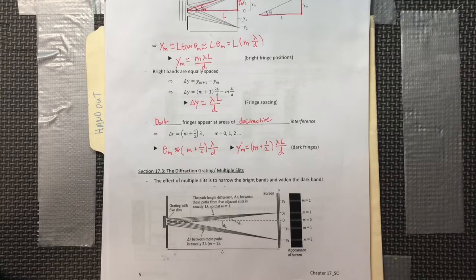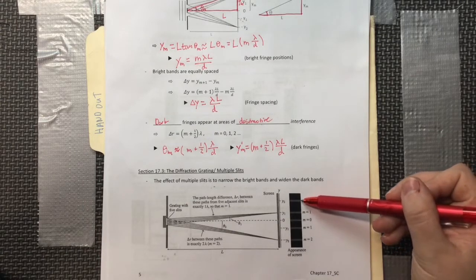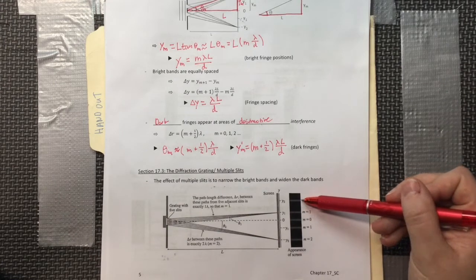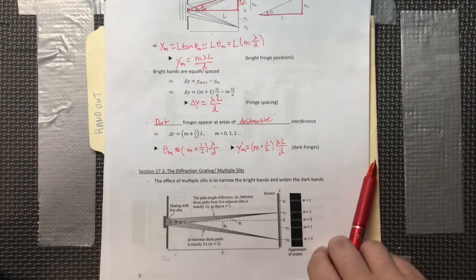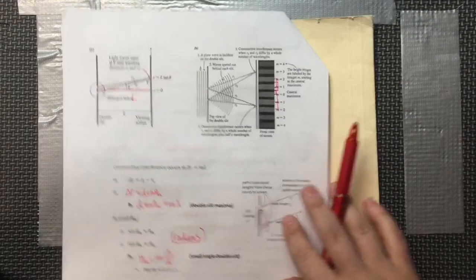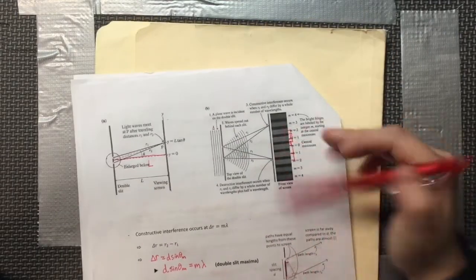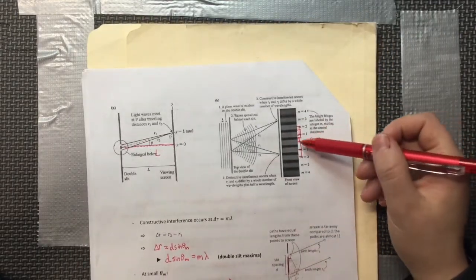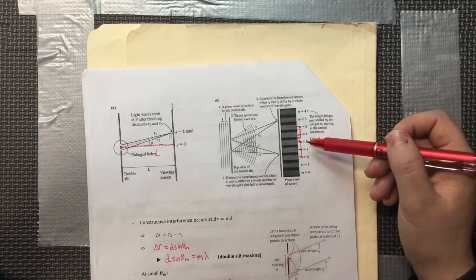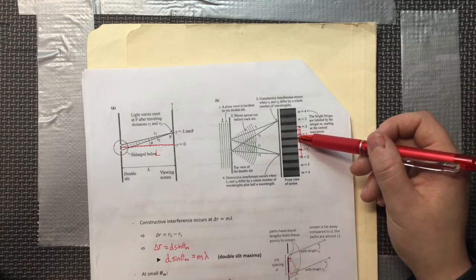So when you get multiple slits, the benefit of it is that we want to isolate these bright bands. If you look at this one right here, you can find that there are definitely clear areas of constructive interference.